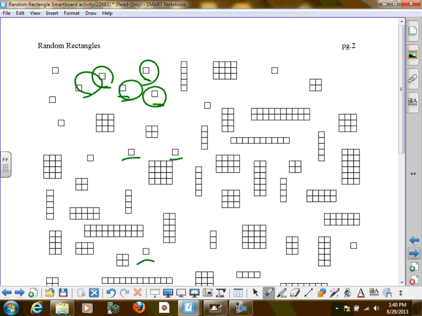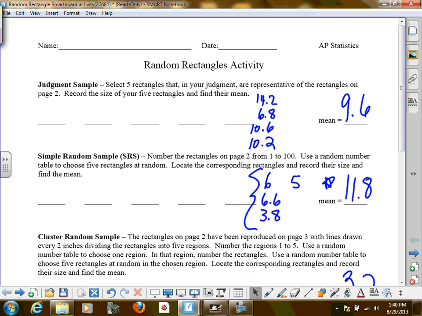So technically, there's a higher probability of getting a small rectangle, which is bringing down your average. So when you just pick 5 and the smaller ones had a higher chance of being picked overall, that's why these numbers all day have been on the low side.